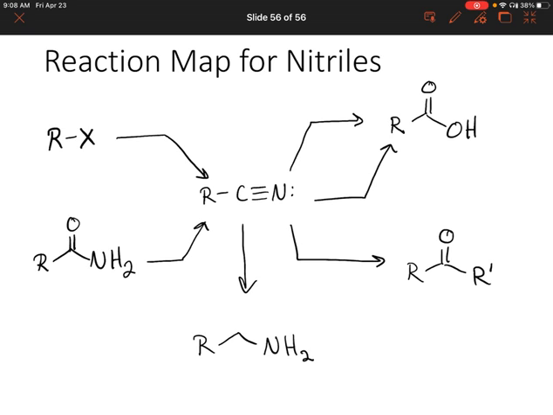So earlier we said that if we start with an alkyl halide, we can use sodium cyanide to create our nitrile molecule. But remember, cyanide is a poison, so it's probably better to avoid that reaction. We can also use an amide and thionyl chloride. So we went over that mechanism. What are the two different ways that we can form a carboxylic acid from a nitrile?